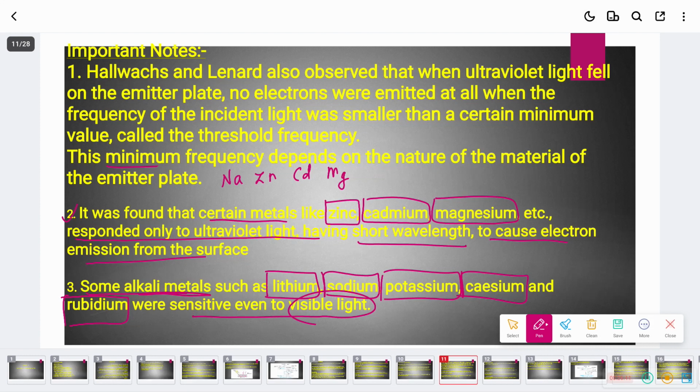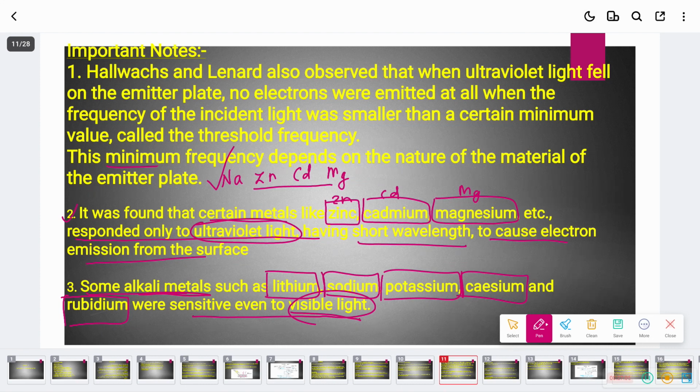Sodium. Why sodium? Because some alkali metals are sensitive to visible light. So sodium is the answer. Why are these not the answer? Because these are sensitive to ultraviolet light.